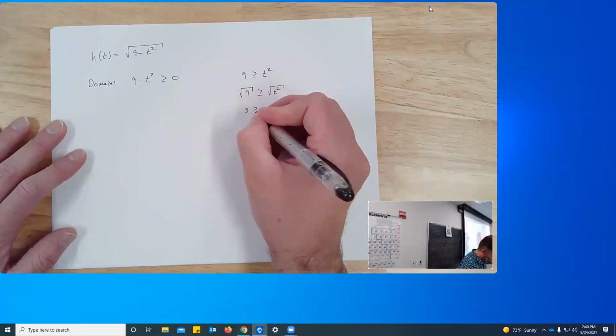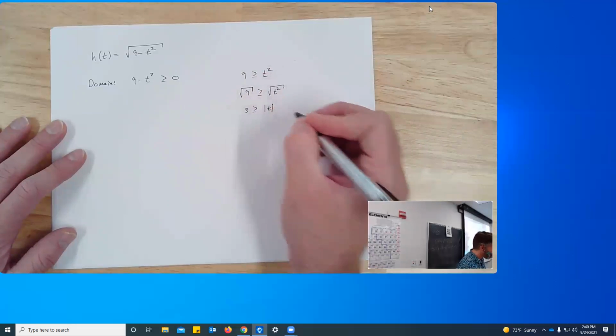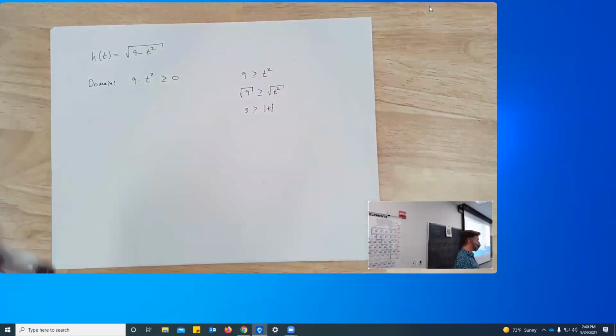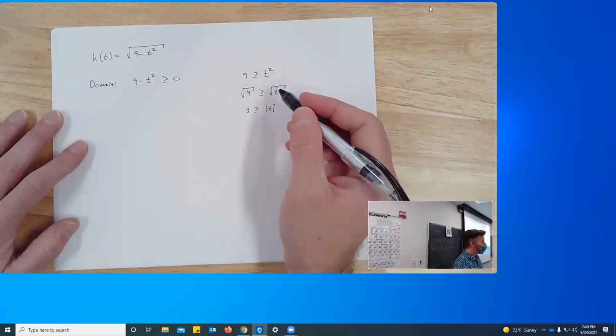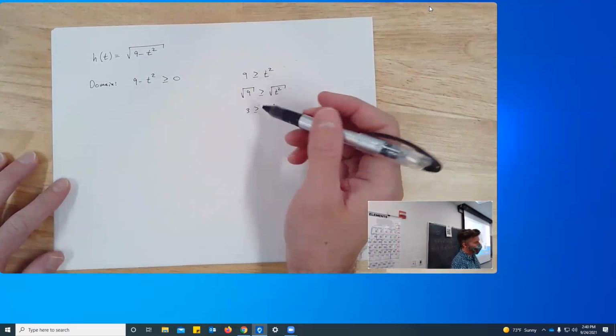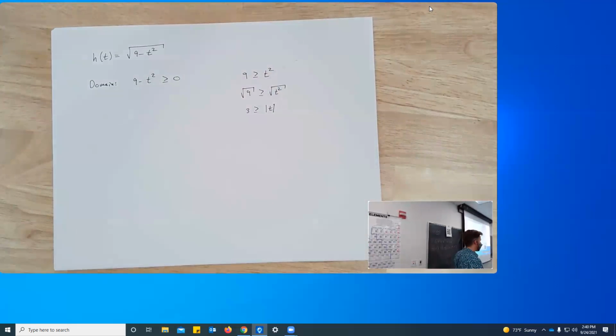So 3 is greater than or equal to the absolute value of t, which would mean t has to be between 3 and negative 3. T couldn't be 4. T also couldn't be negative 4 or negative 3.5 or anything outside of that range. So you could do it this way, but inequalities of square roots can go sideways real quick.